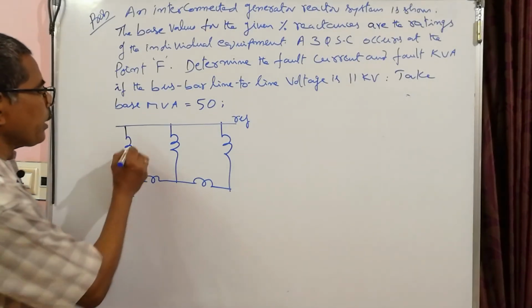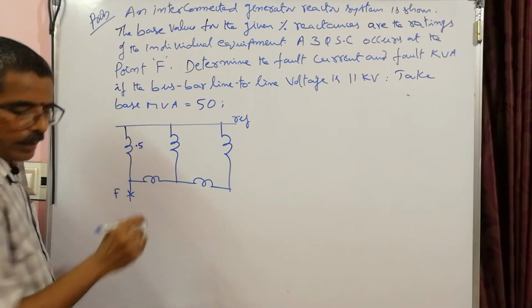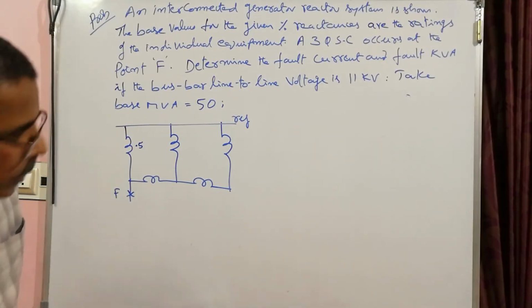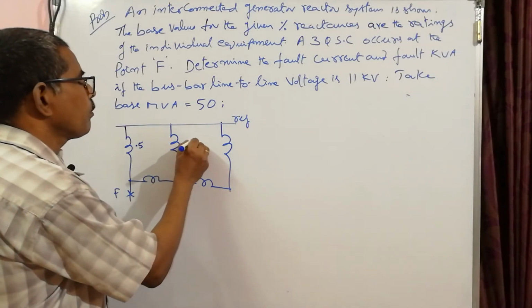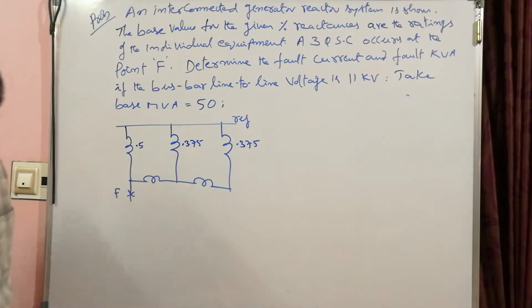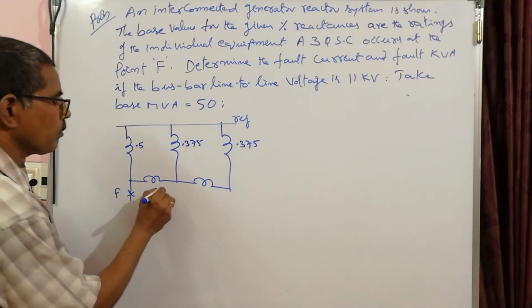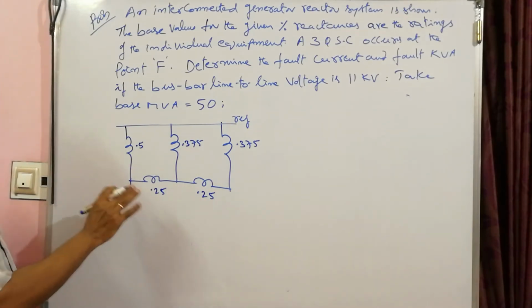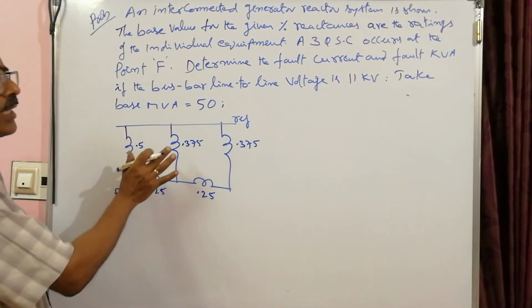Xg1 0.5, Xg2 0.375, and this is also 0.375, and X1, X2 0.25 each. Okay, this is the equivalent reactance diagram.